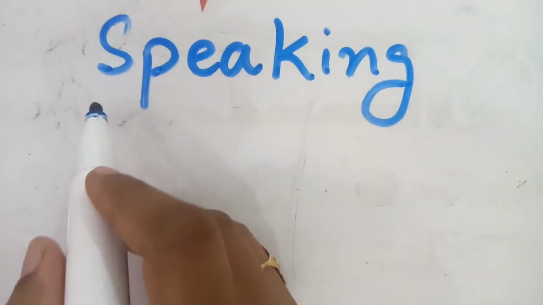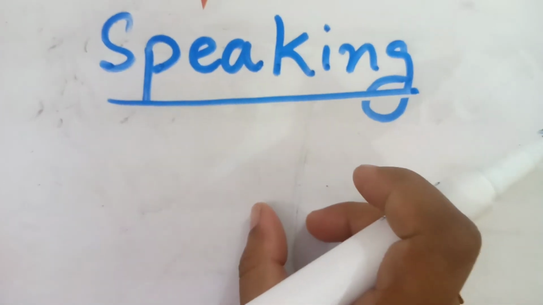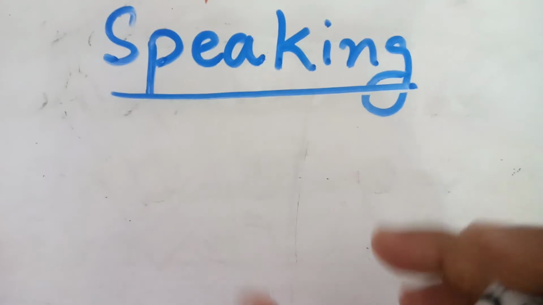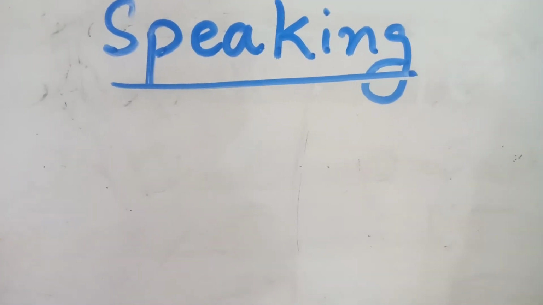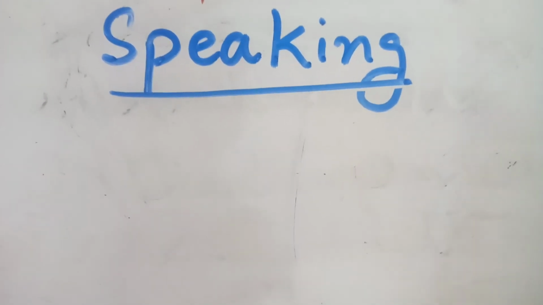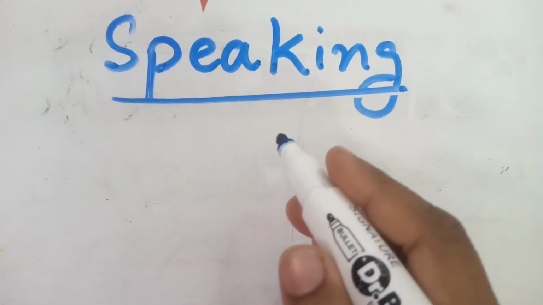The next part is speaking. The most important part to learn a language is speaking, because you can increase your speaking power by speaking only. There is only one way to enhance your fluency and your frequency of speaking: by speaking, right?